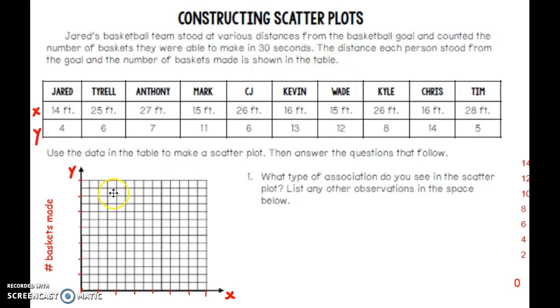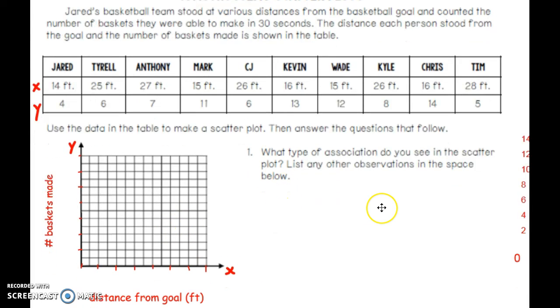The next thing you're going to do when you have your graph in front of you is figure out the best way to set it up. In our case, again, x and y get to be labeled. And what we decided to do with this one, in order to fit all the data in for our x-axis, you have to make sure you can plot points that are all the way out to 28 feet. So I think the best way to set this up is to go every other box.